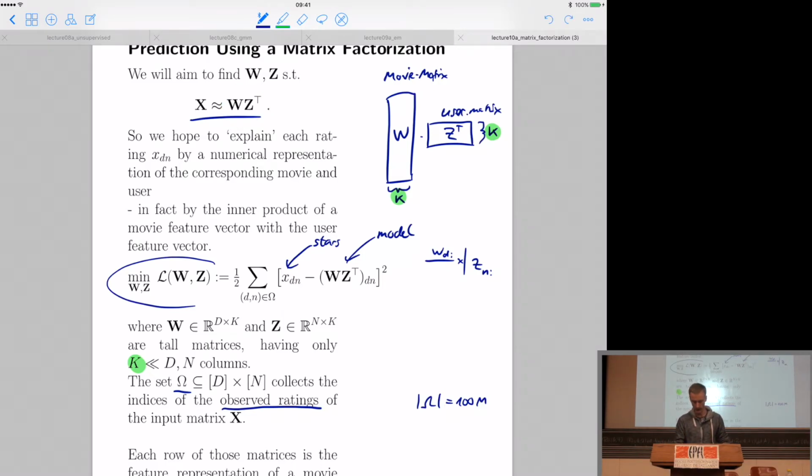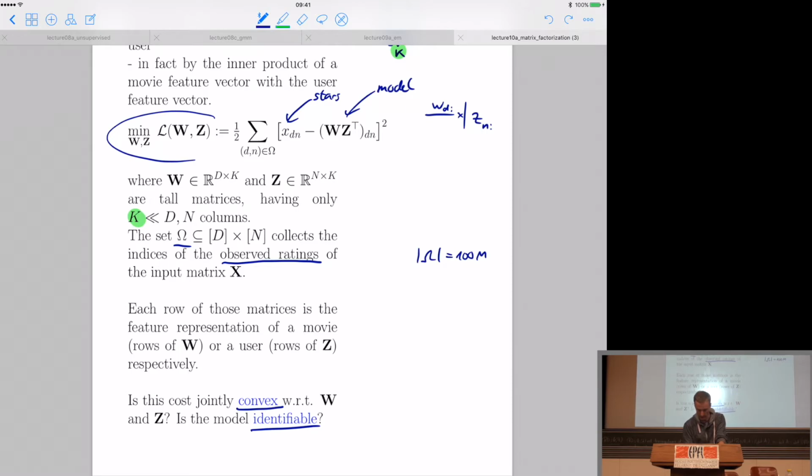I'm just measuring how close you are to the X. We ask if this is convex in the full variables. We're optimizing both things, the W and the Z together, so the parameters are W and Z together. That's what it means to be jointly convex: it's convex in the parameters Z and W.